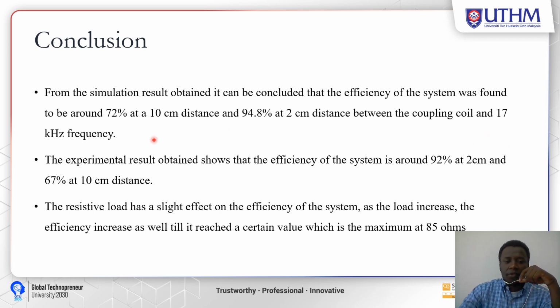Also, the experiment result shows the efficiency of the system is around 92% at 2 cm and 67% at 10 cm. The resistive load has a slight effect on the efficiency of the system. As the load increases, the efficiency increases as well until it reaches a certain point, which is at 85 ohms, and then it remains constant. That's because of the Q factor.